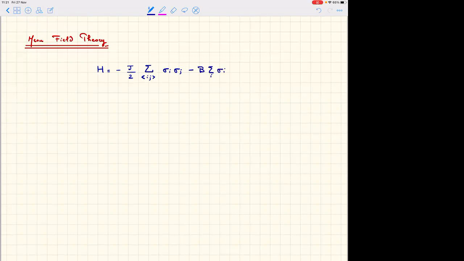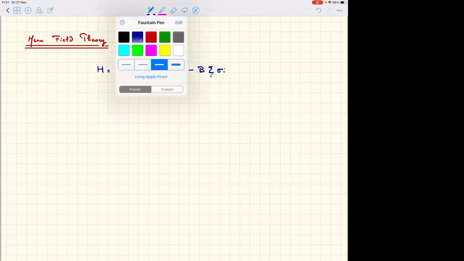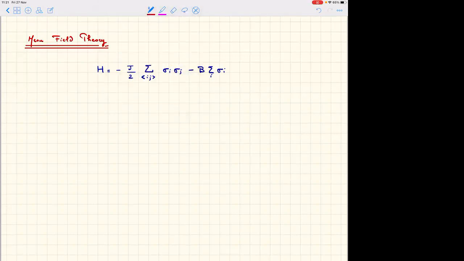Now, in particular, let me consider all the terms in this Ising model that contain a certain spin. Let's call this spin, I don't know, sigma, right?